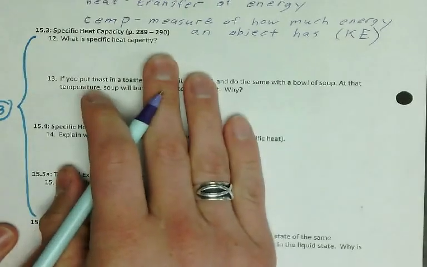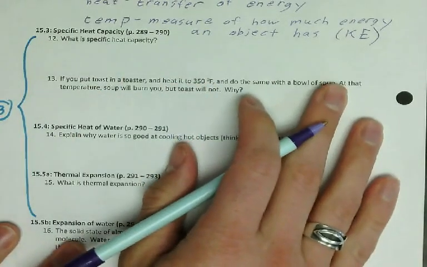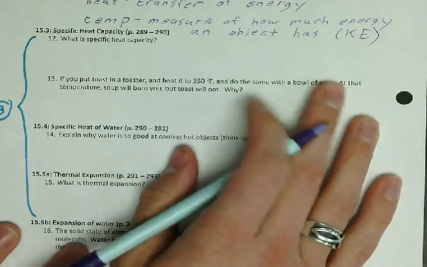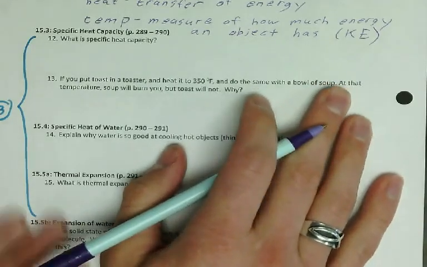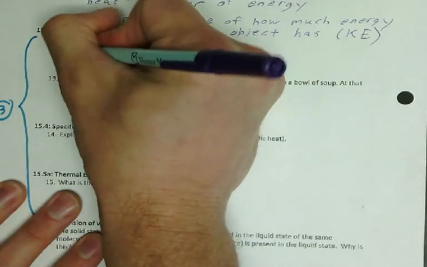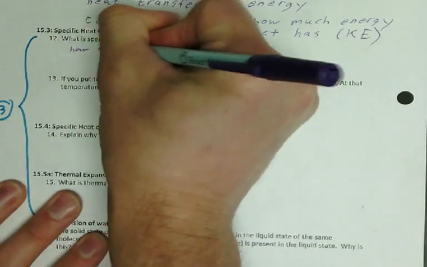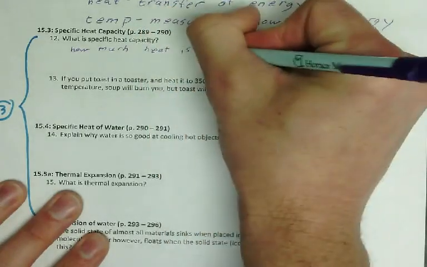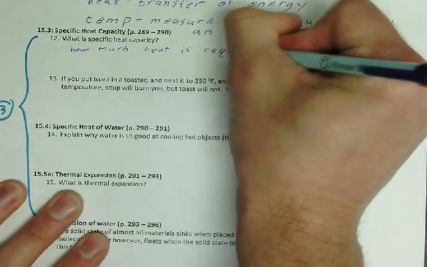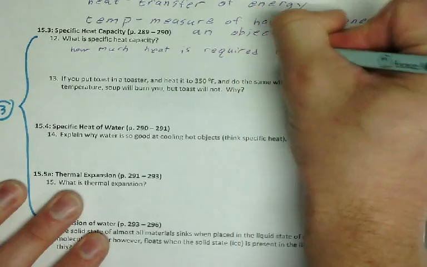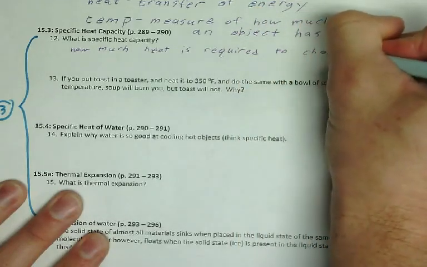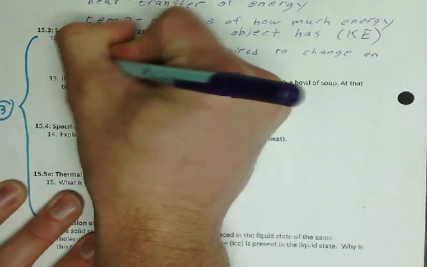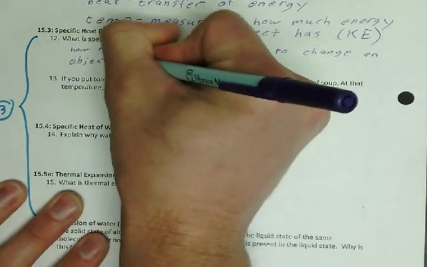Specific heat capacity is how much energy, specifically how much heat, is required to change the temperature of an object by a certain amount. So how much heat is required to change an object's temperature?